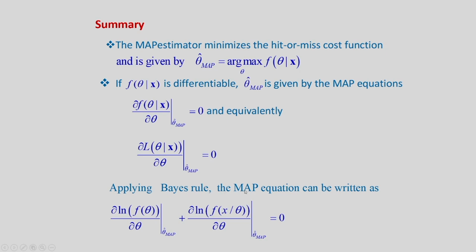Applying Bayes rule, the MAP equations can be written in this form: del theta of log of f of theta at theta hat MAP plus del theta of log of f of x given theta at theta hat MAP must be equal to 0.